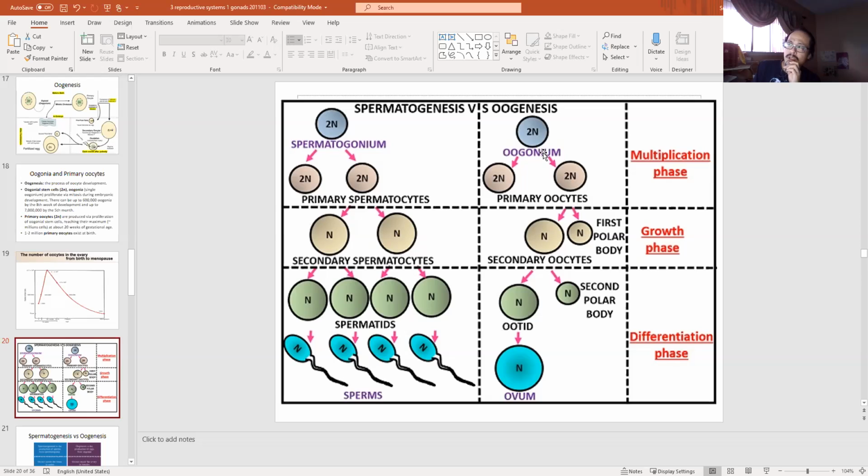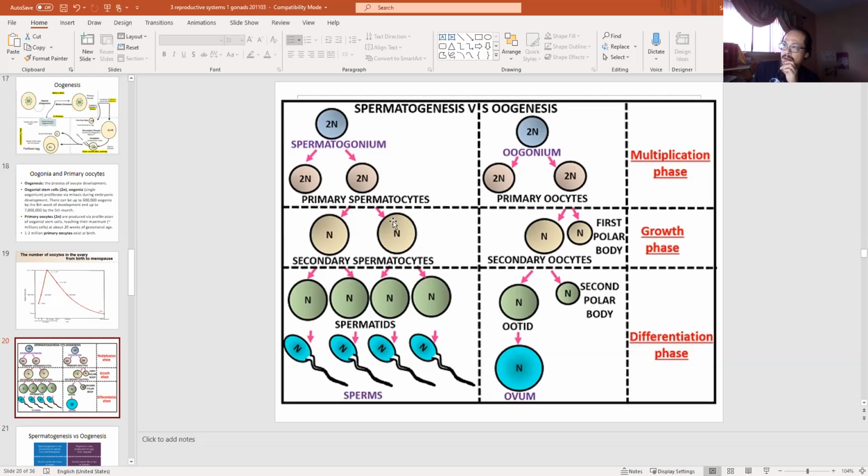As for the female, it's pretty sure that we have the maximum. This will stop at about the first couple of months of gestational age. After that, it will reach the growth phase.